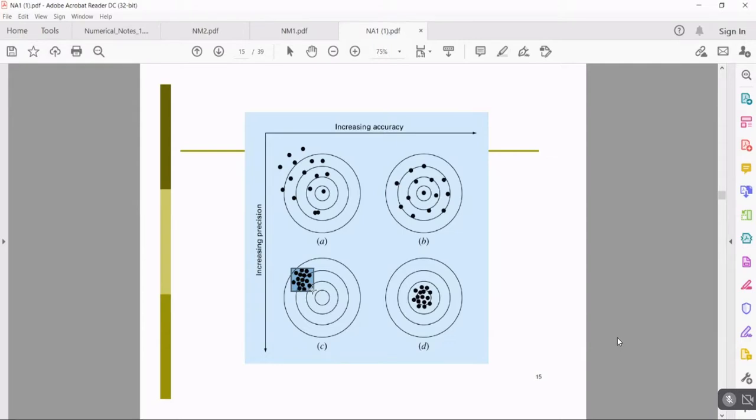We have selected one numerical procedure and some initial root x naught, and on the basis of that procedure we have obtained x1, x2, xn, and they are not going towards the root. So we have to either change our x naught, or change the method to get the root.